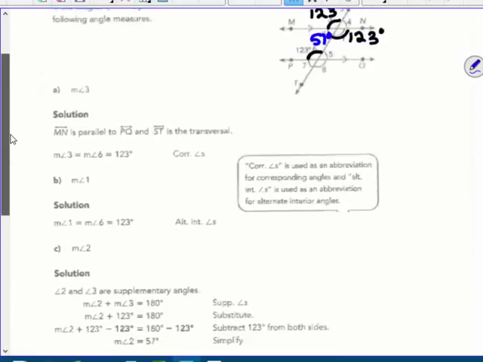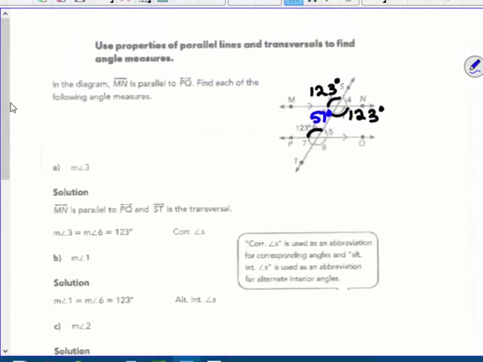But now I can find all of them. I know that 2 and 4 are vertical angles, so 4 is 57 degrees, and 4 and 7 are alternate exterior, so 7 is 57 degrees, and 7 and 5 are vertical, so 5 is 57 degrees.